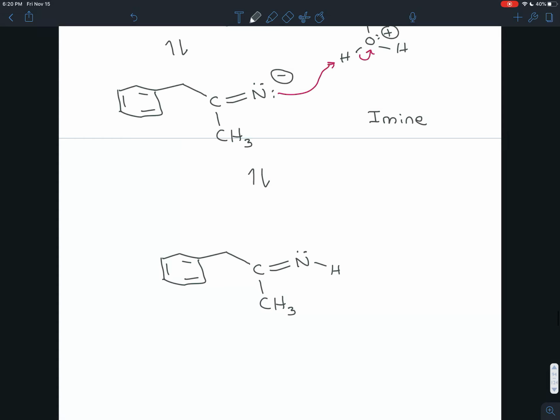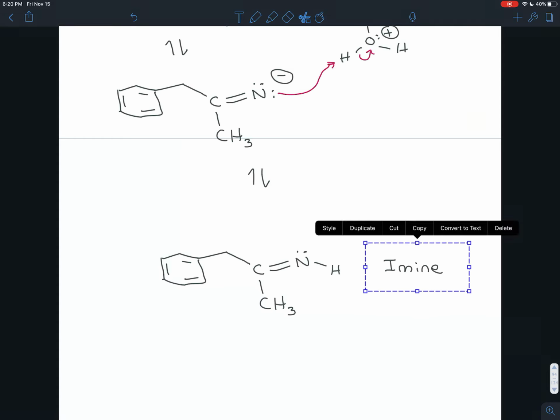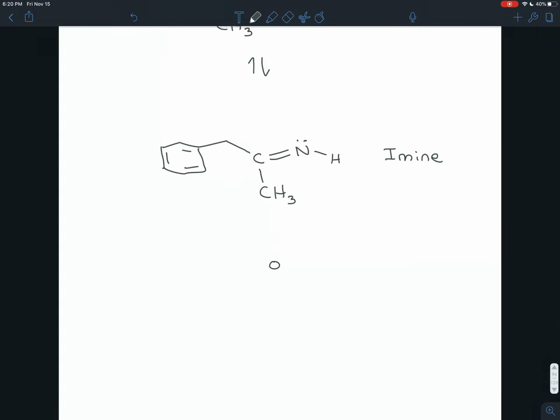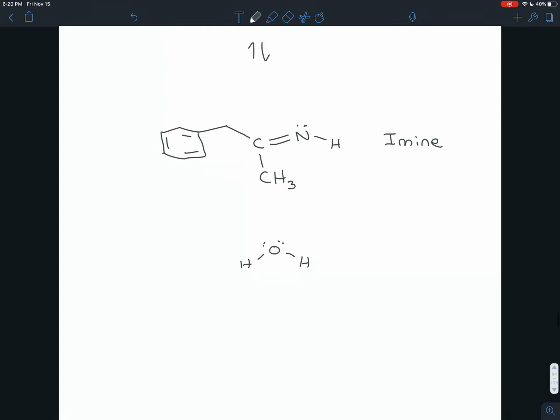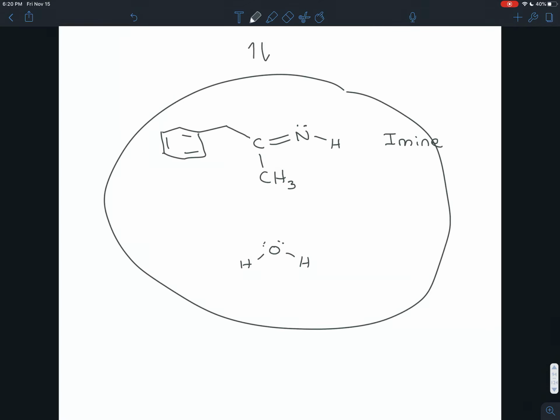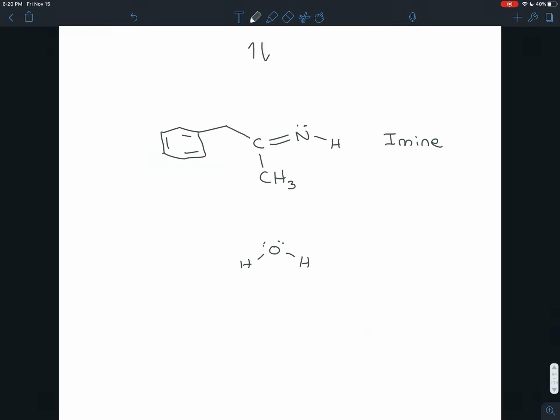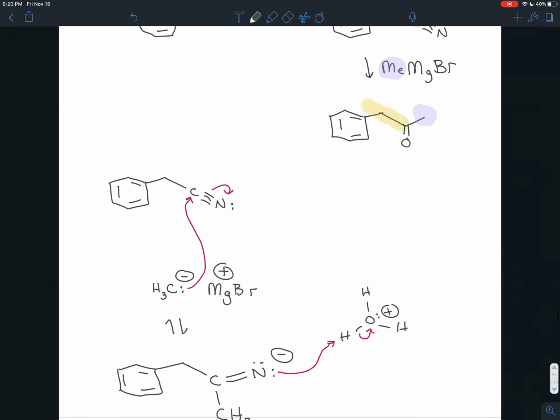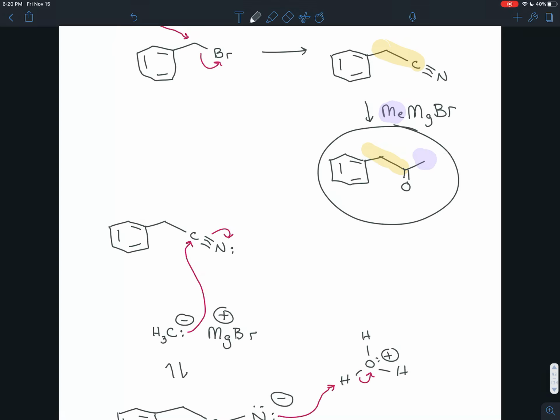And then we have our imine at this point. We also have water here. But you'll remember from the previous chapter that imines can react with water and hydrolyze to give you ketones. And that's how we're getting the ketone that we predict here.